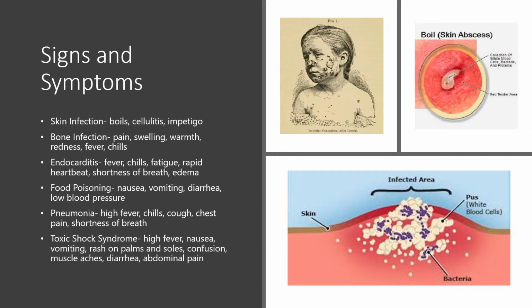For food poisoning, nausea, vomiting, diarrhea, and low blood pressure. For pneumonia, high fever, chills, cough, chest pain, and shortness of breath. And for toxic shock syndrome, there's high fever, nausea, vomiting, rash on your palms and soles, confusion, muscle aches, diarrhea, and abdominal pain.